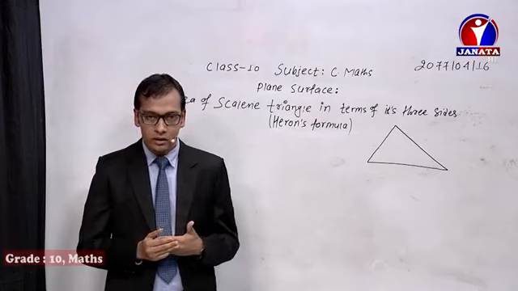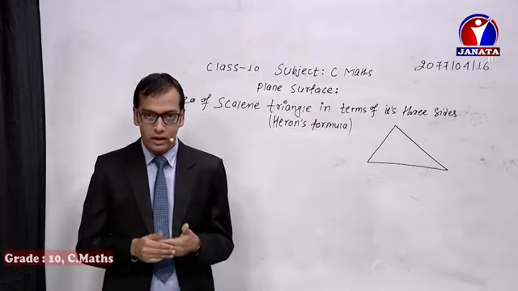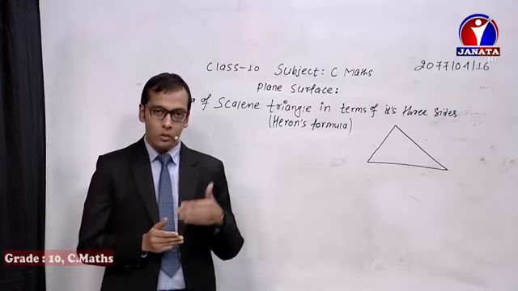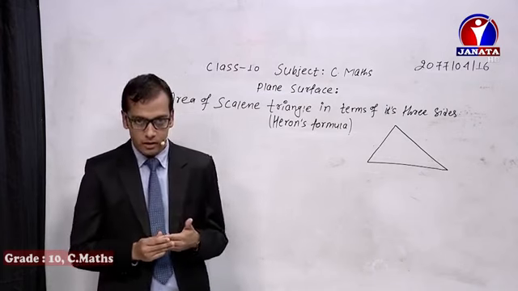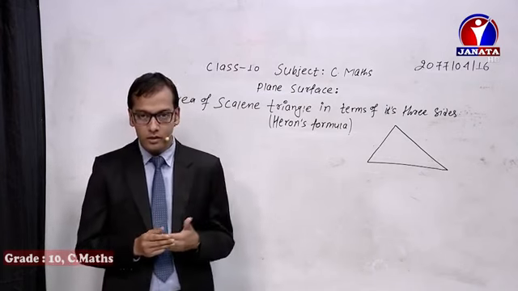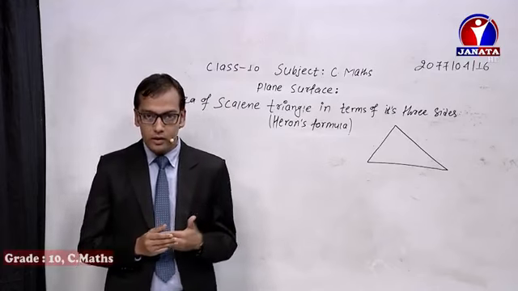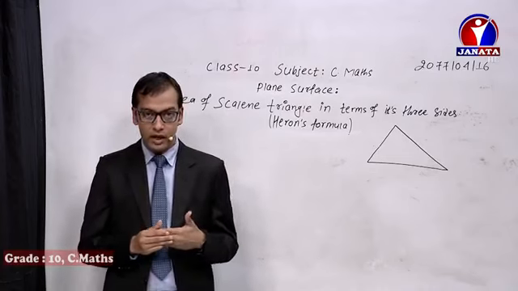Similarly, after that we moved into the next chapter, mensuration, and up to the last class I discussed what is plane surface, and under plane surface we discussed the different triangles and how to derive formulas for areas of different triangles and so on.